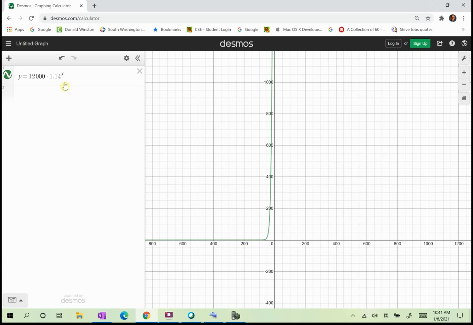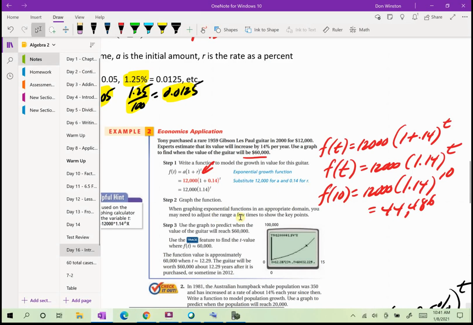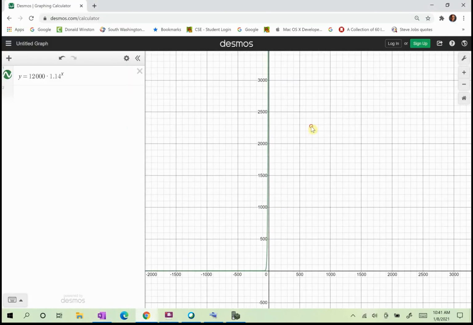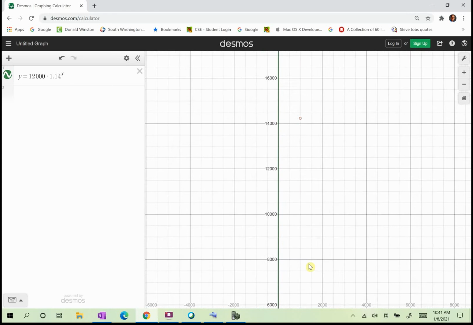We want to know when that function is going to be worth 60,000. When will the guitar be worth 60,000? So again, I'll go back out to decimals. We want to find out when y is equal to 60,000.